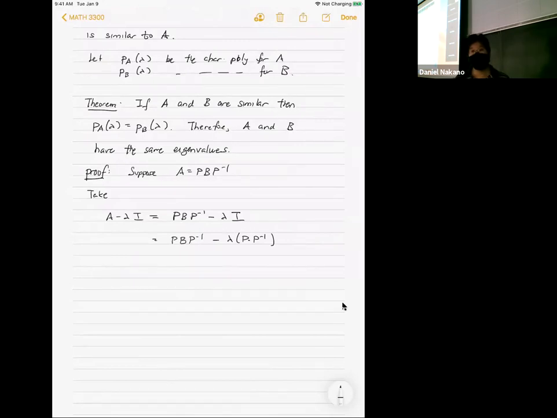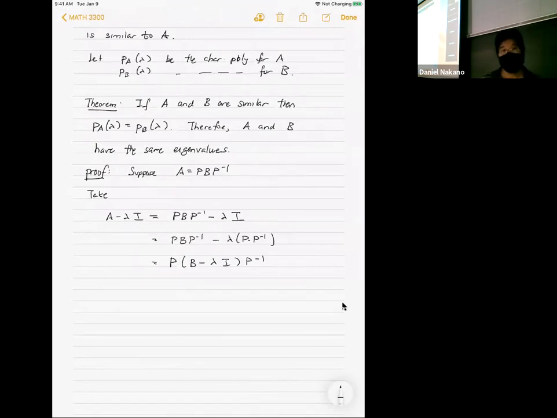Now we can distribute the P out on the left and the P inverse out on the right. So this is P times (B minus lambda times identity) times P inverse. Is everyone with me so far? All right.